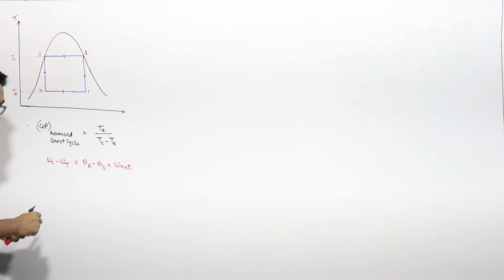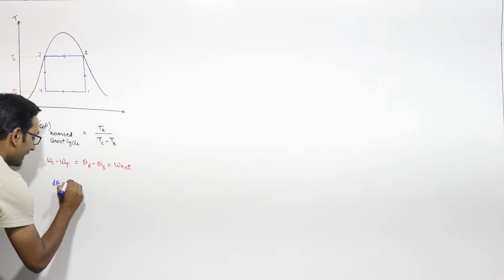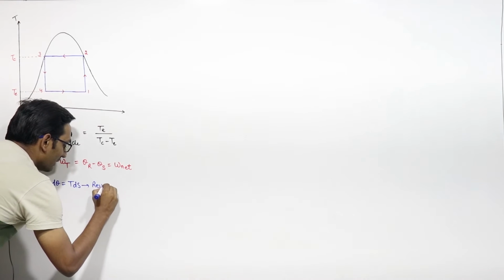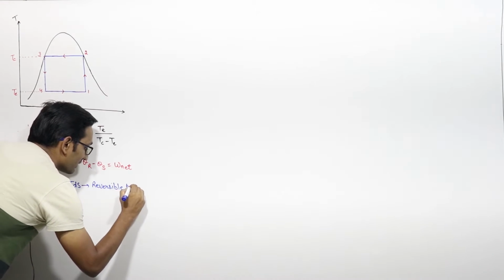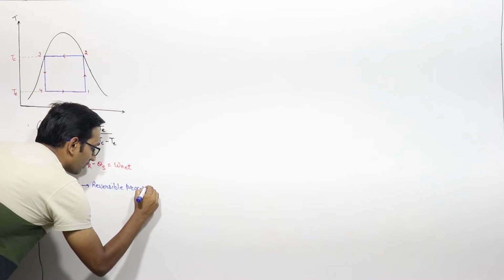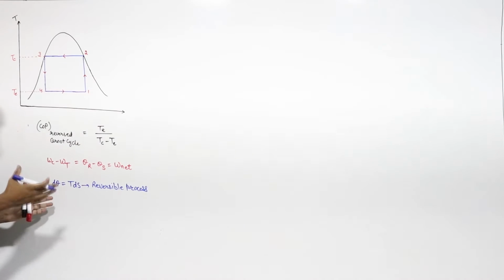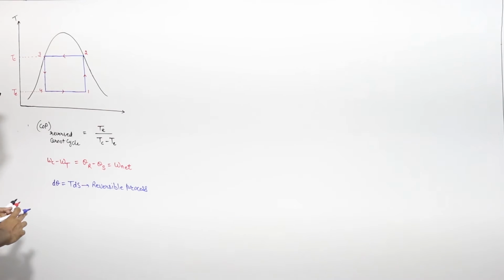And for a reversible cycle, you are very well aware that the heat will be equal to TdS. This is for a reversible process, from the second law of thermodynamics, from the entropy formula, we get dQ is equal to TdS.